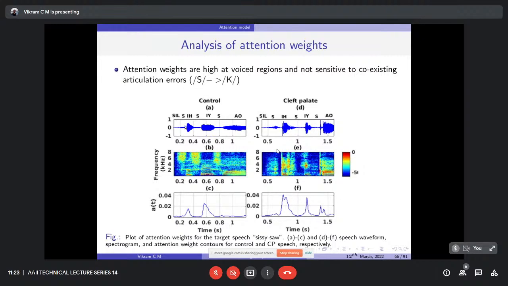This says that the voiced portions are highly responsible for the perception of hypernasality. This is true from the clinical side, that is from perceptual or listening experiments, and our deep neural network model also gave the highest weights for the vowels or voiced regions.